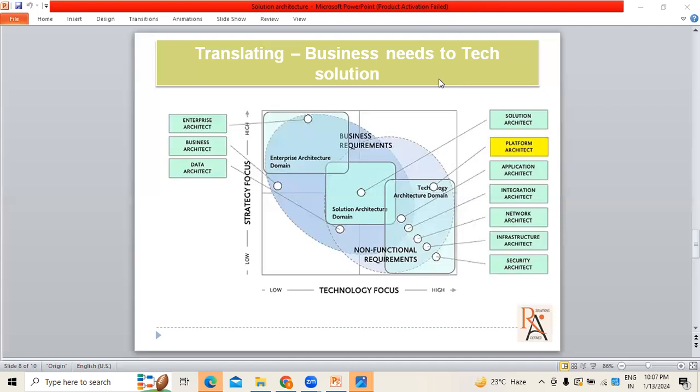Next is the data flow across enterprises, meaning the data that is being processed over a period of time. It can be customer data, because a customer comes to a shop and we do billing against the products, right?